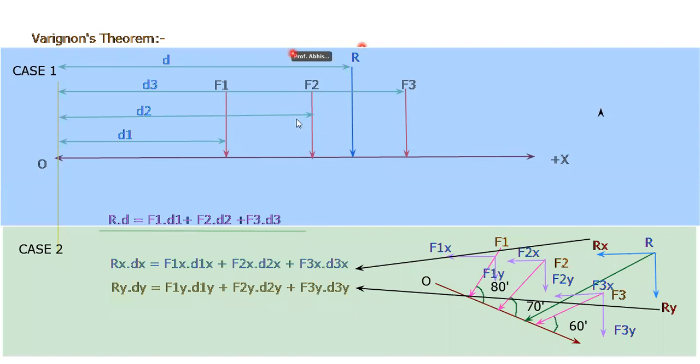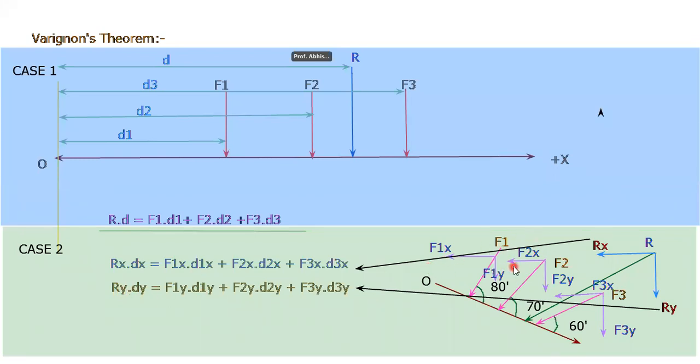But if the angles are inclined, then at that time you have to split the forces as they have been given in this diagram. You have to split the forces, and then you can write two expressions, one for the x-axis and one for the y-axis, meaning one for the Rx and one for the Ry.